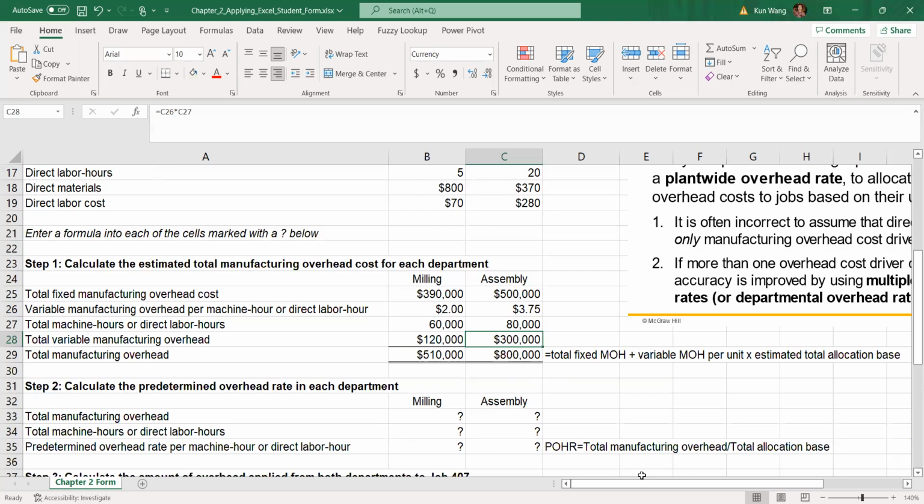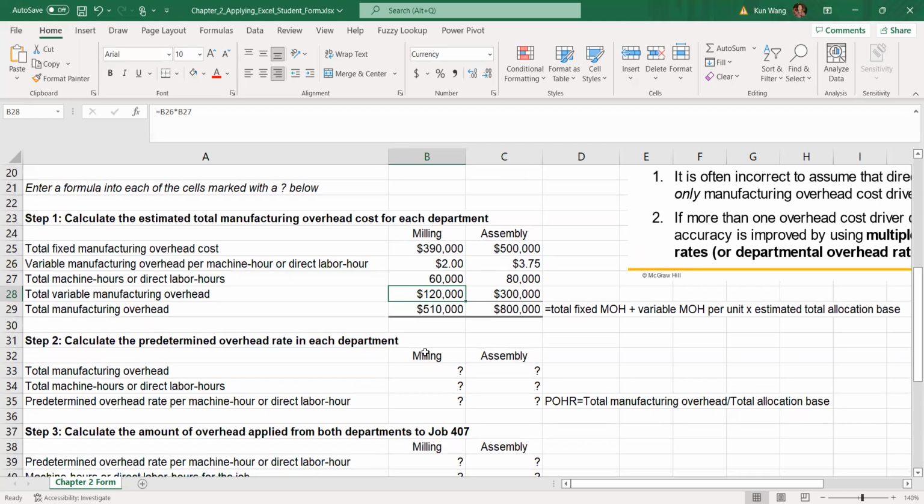Save me some time. If you want to type the formula again, you can do it. But you can see it's directly copied but adjusted to the assembly department.